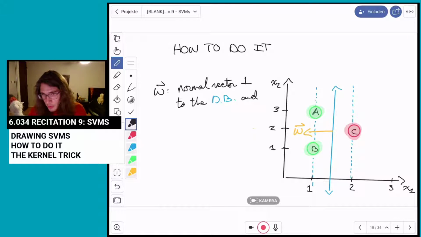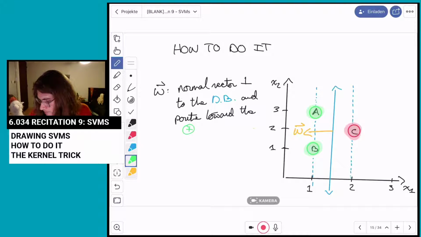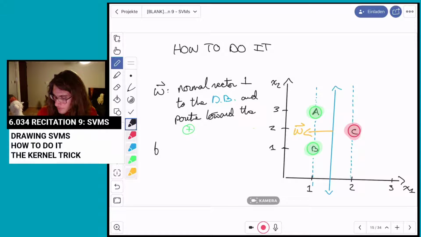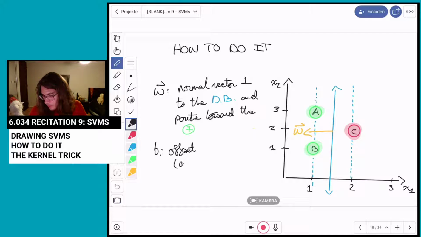And this is a very important point to note. It points toward the positive points. Then there is the offset, or as many of you may recognize it, the y-intercept. And you may ask, why do I need a y-intercept in all of this on top of everything else that I seem to need? And you'll see why.